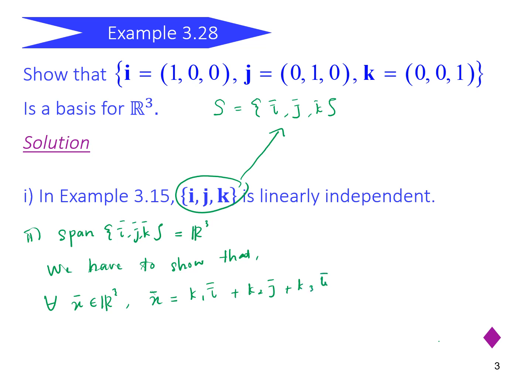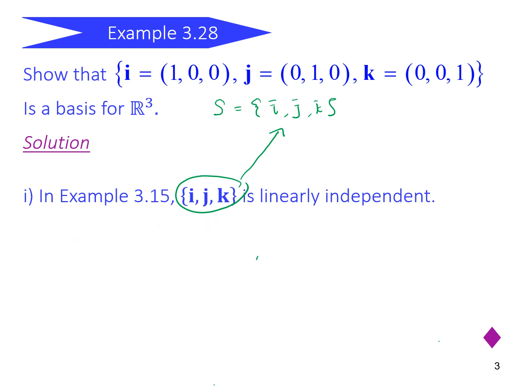So we have to show that there exist scalars K1, K2, and K3 such that x is equal to this term. To do that, we start by letting a vector in R3. So we let V as a vector in R3. In my explanation, I have used x instead of V, but it doesn't matter, it's just a symbol.